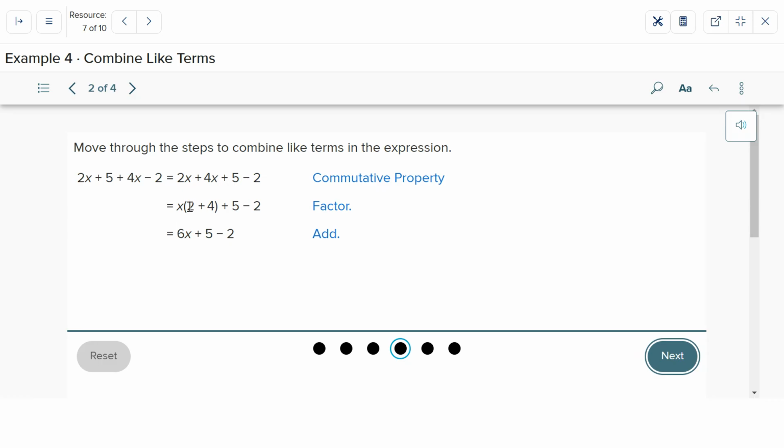That's fine. But this step in between will still result in 6x, and our 5 and our 2 are still there, not touched. Then we can combine our like terms here. 5 minus 2 is 3. So we're now left with 6x plus 3. And so there are no more like terms here, and that means this is the simplest form here.